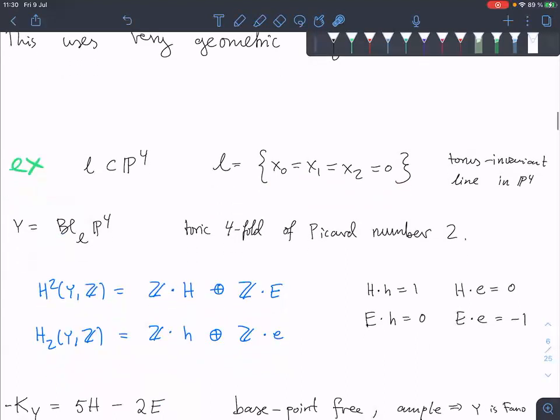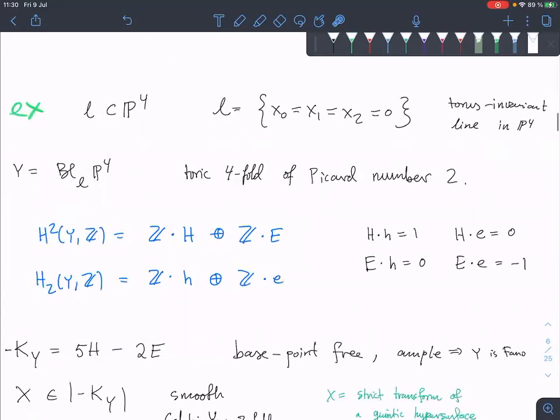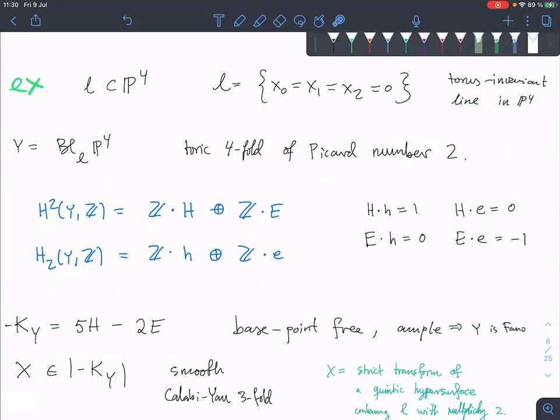Then if we blow up P4 along that line, we get a toric fourfold of Picard number 2. Just by blowing up a line, we know everything about the cohomology here. Basically, we introduce this exceptional divisor in H2, and in H lower 2, we introduce a class. This would be a line in the exceptional divisor.